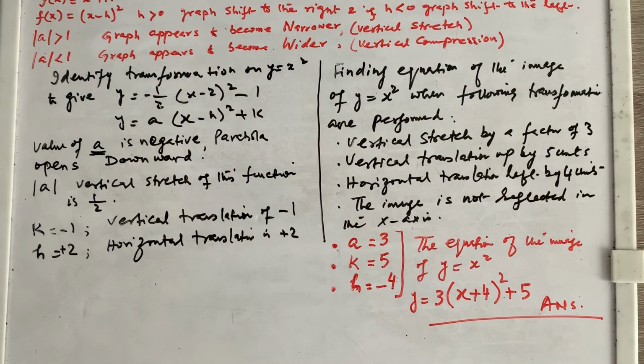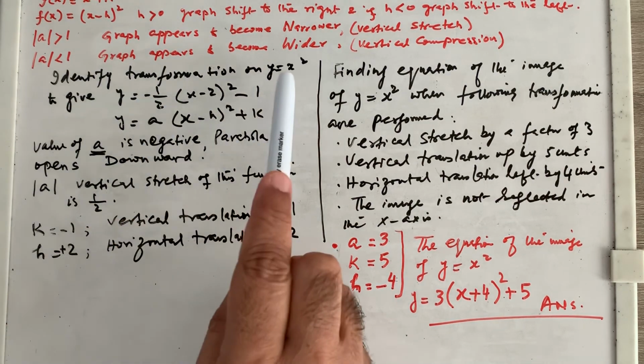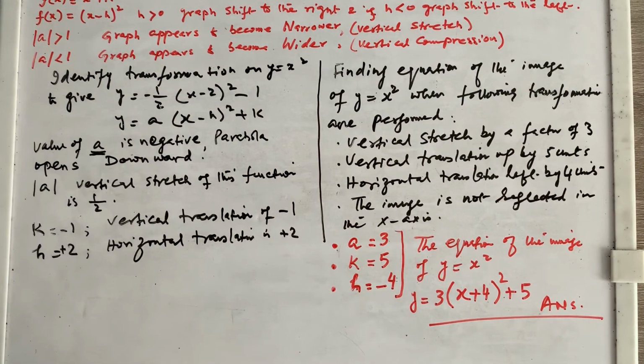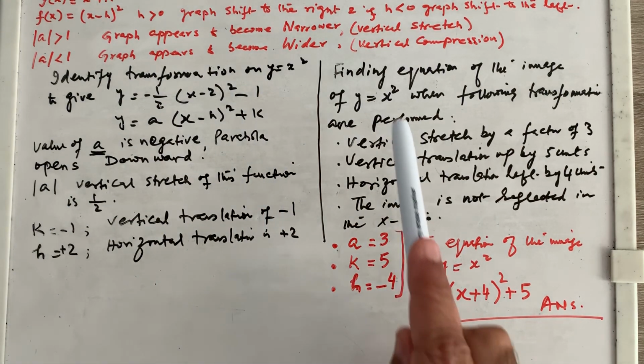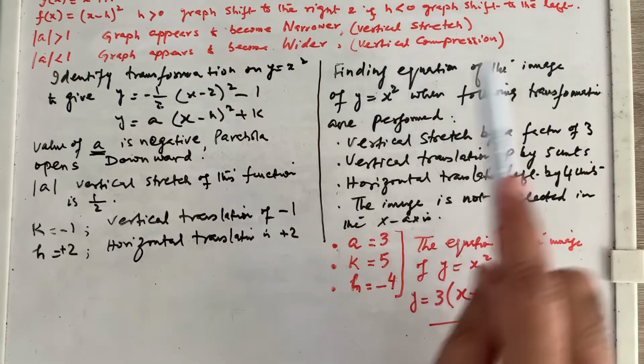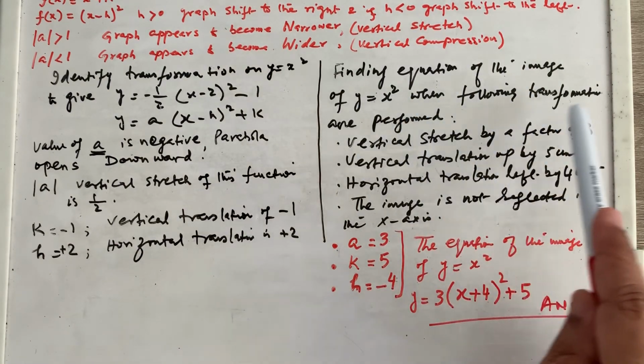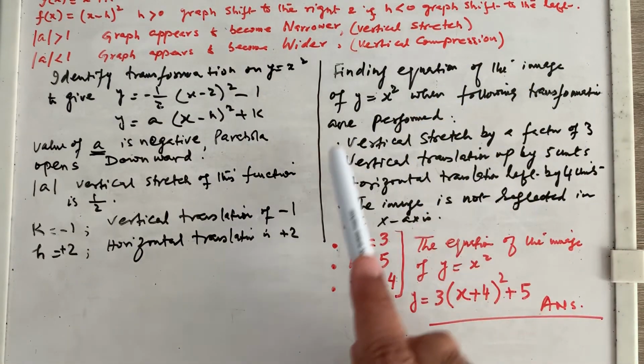So this way, two types of questions are being asked. First, identify the transformation on y equals x square. And the second type is finding the equation of the image of y equals x square when the following transformations are performed.